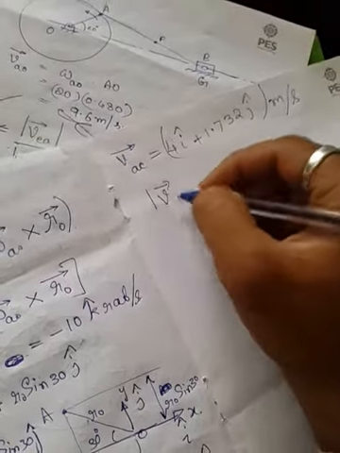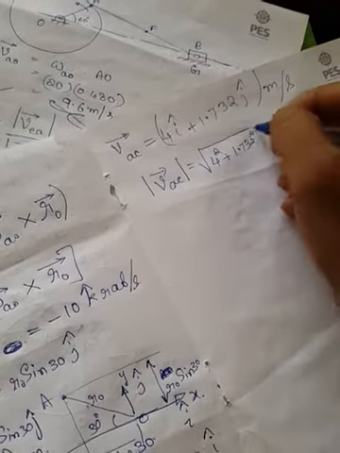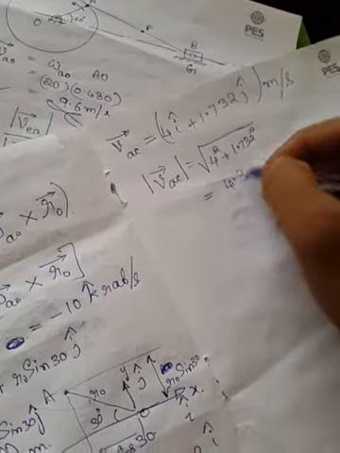The magnitude of this vector is the square root of 4 squared plus 1.732 squared, which comes out to be 4.36 meters per second. So we end up with the same answer once again.